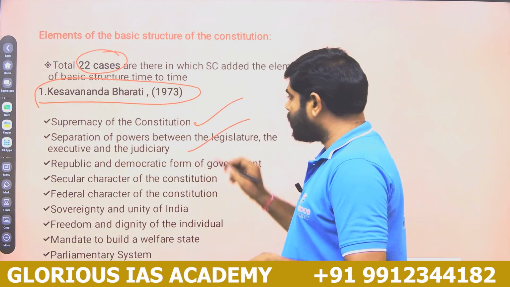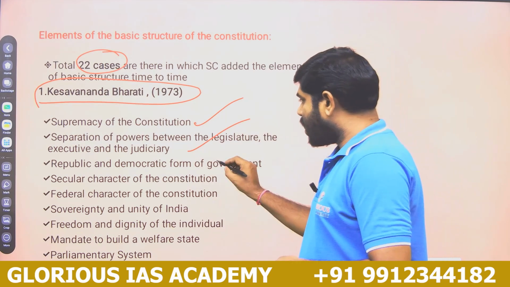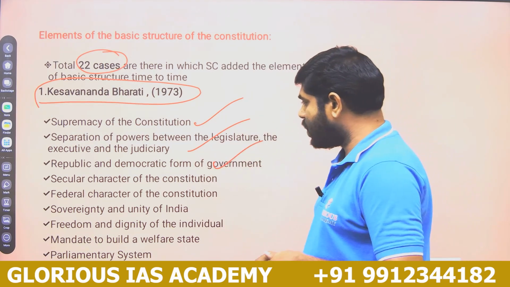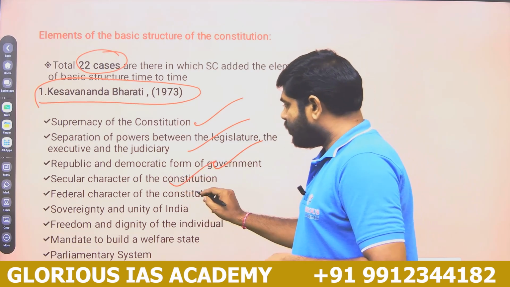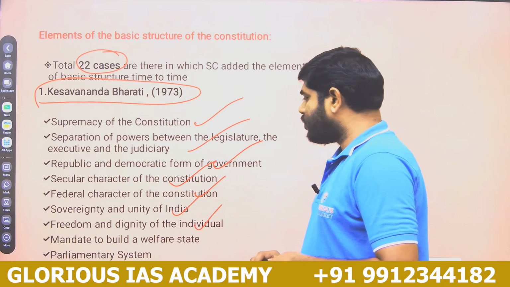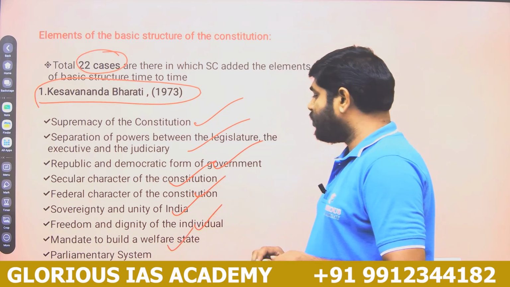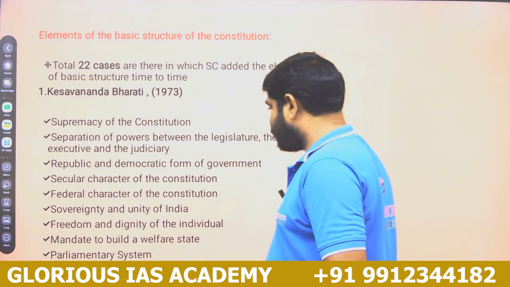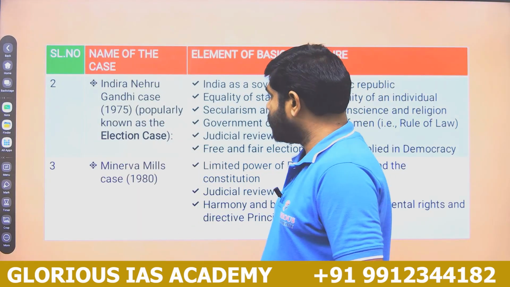Next, the separation of powers should not be affected, and the republican democratic form of government, secularism and federal character, sovereignty and unity of India, freedom and dignity of the individual, the mandate to build a welfare state, and the parliamentary system. These are the principles included in the first case by the Supreme Court.